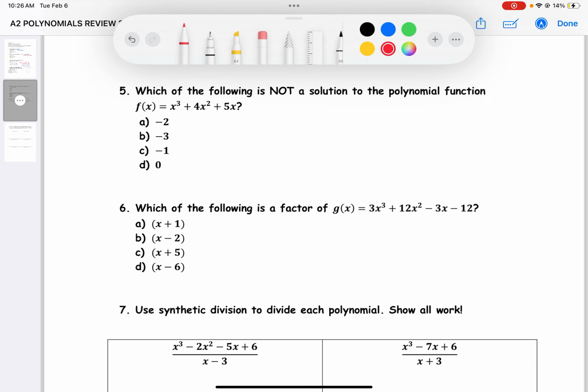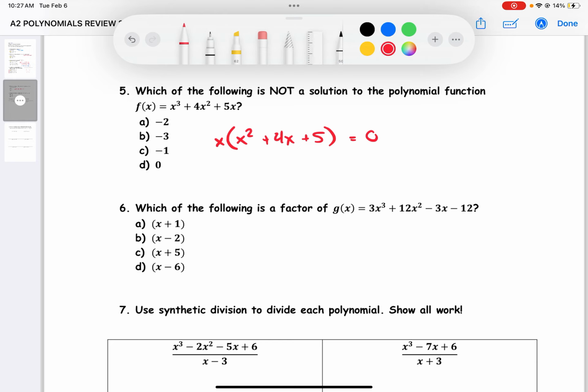Number 5, you of course could graph this and check out its solutions, which are the same as its zeros or its x-intercepts. I will show you factoring because they all have an x, so I can factor out an x. And when factoring out an x, I have x squared plus 4x plus 5. And then I can factor out the stuff in the middle inside the parentheses.